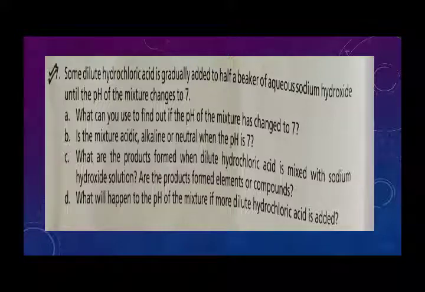If we add the indicator to this solution, we can find out whether the pH becomes 7 or not, that is, whether the pH becomes neutral or not, so we can easily find our answer by using an indicator.